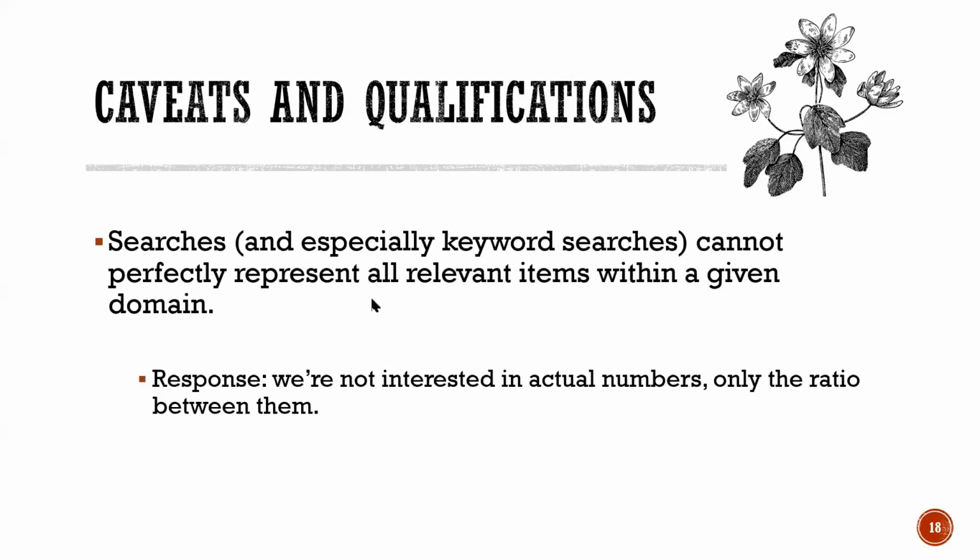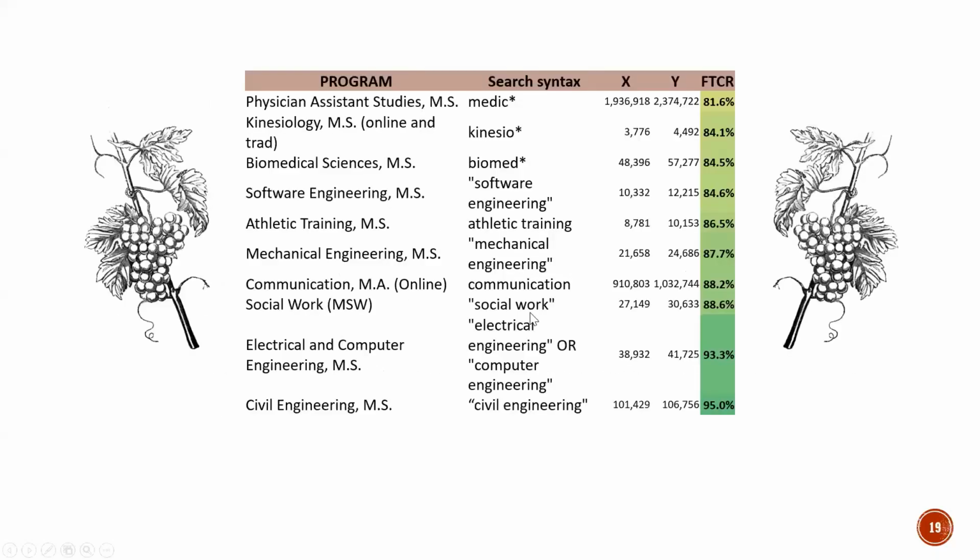So I mentioned earlier that at my previous institution, we were able to use full text coverage ratios to get some pretty interesting insights into our support of our many degree programs. And I want to share more about what that actually looked like and how that process proceeded. So the first step was to compile a list of all of our degree programs.